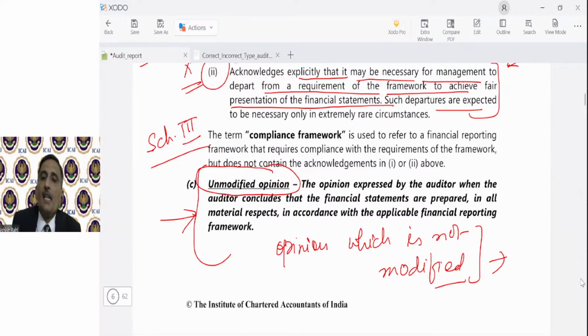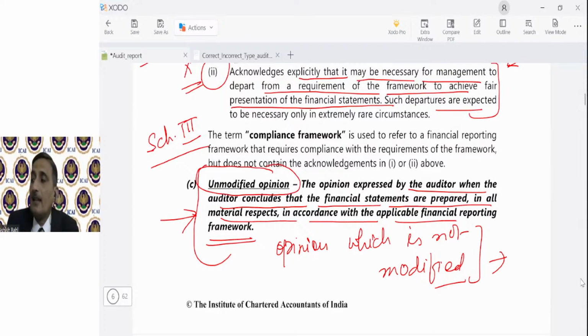So the opinion expressed by the auditor when the auditor concludes that financial statements are prepared in all material respects in accordance with the applicable financial reporting framework. Then what does he do?